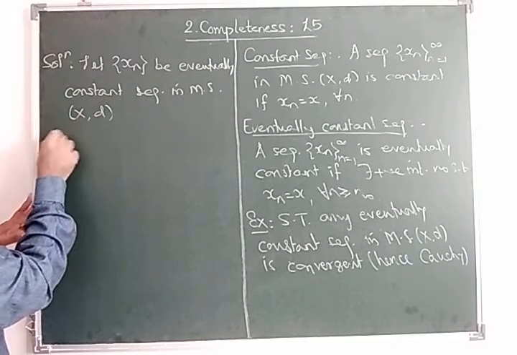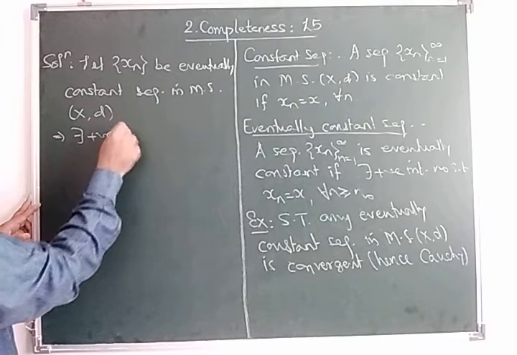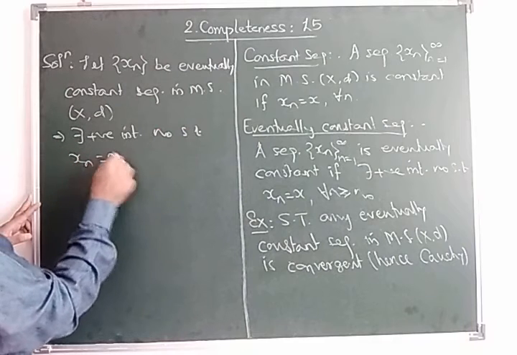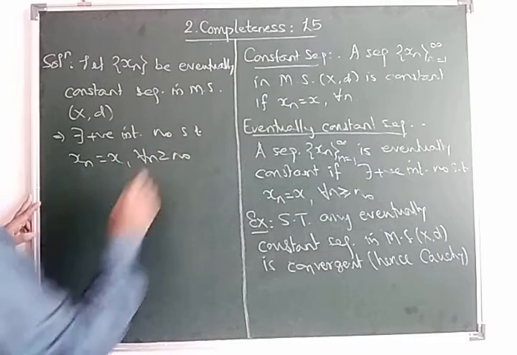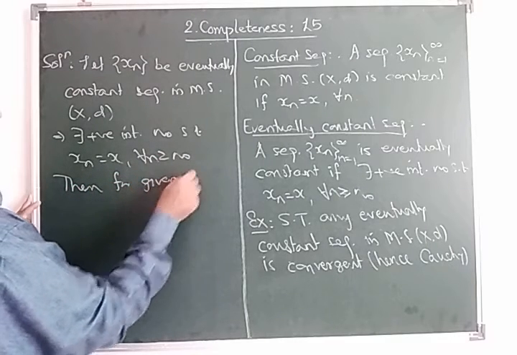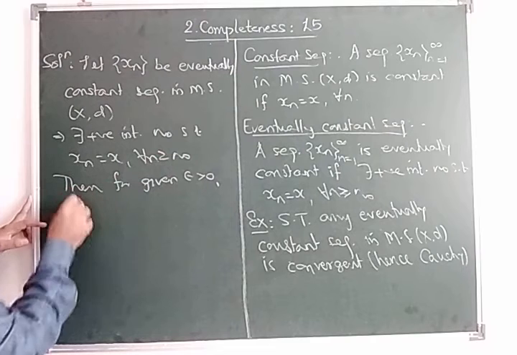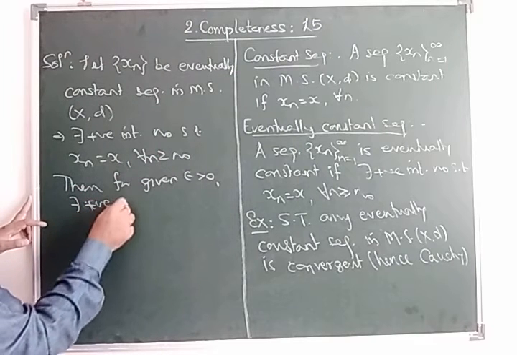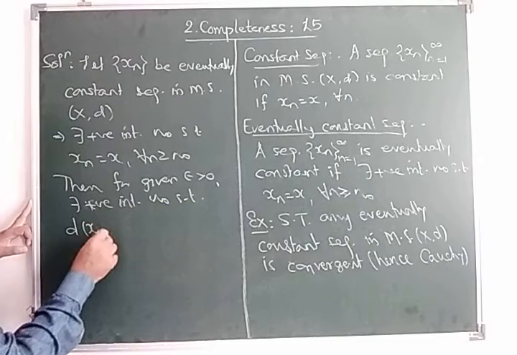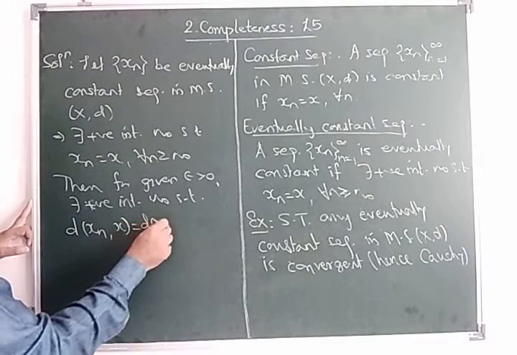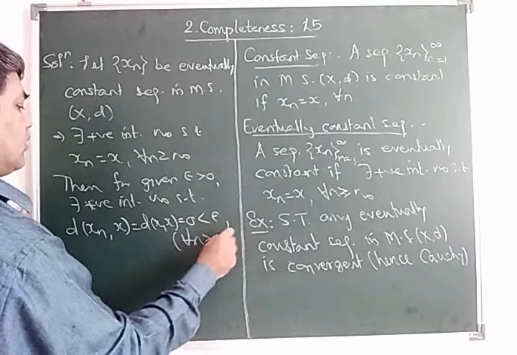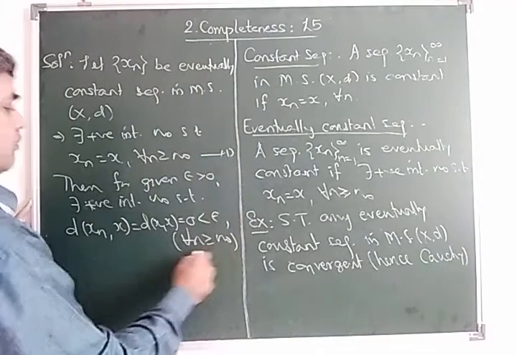What this implies is there exists some positive integer n naught such that xn is equal to x for every n greater or equal to n naught. Then for given epsilon greater than 0, there exists a positive integer n naught such that d of (xn, x) is equal to d of (x, x) is equal to 0, less than epsilon for any n greater or equal to n naught, by (1).